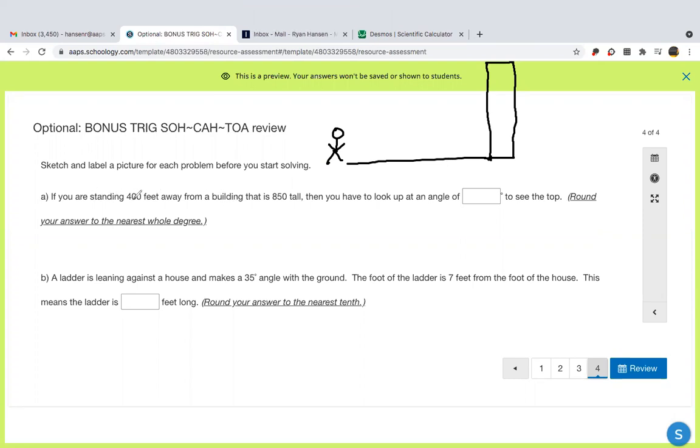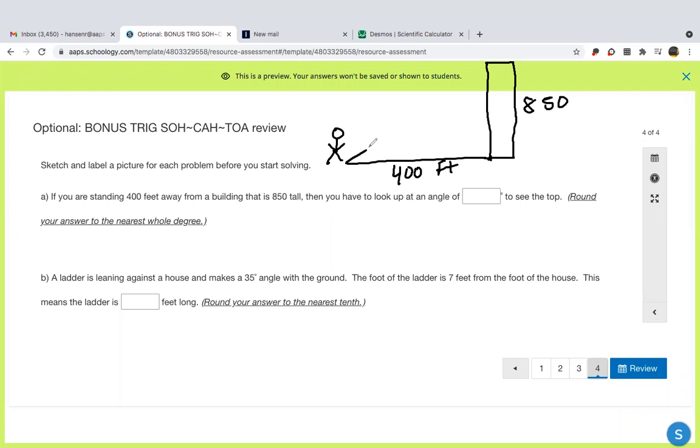I'm standing 400 feet away from the building, so that's measured along the ground, 400 feet. And the building is 850 feet tall. Tall or height is always vertical, straight up and down. So this is 850. And it says, I look up at an angle of blank degrees.